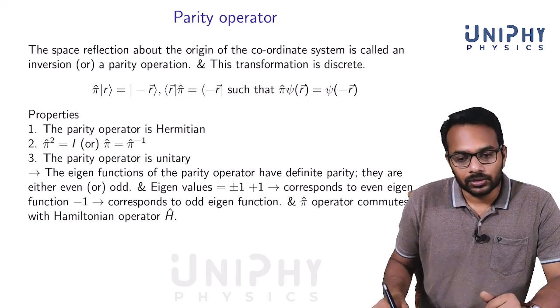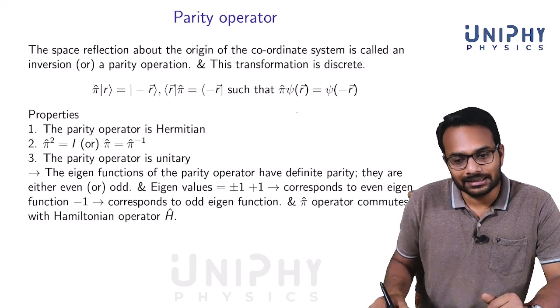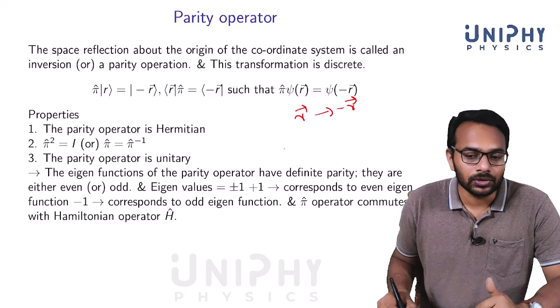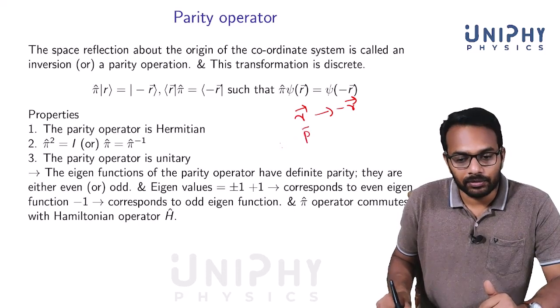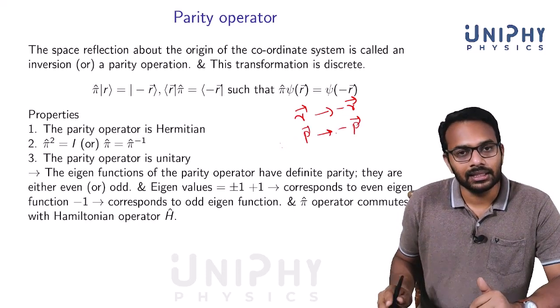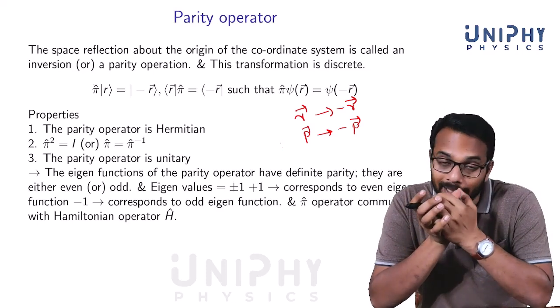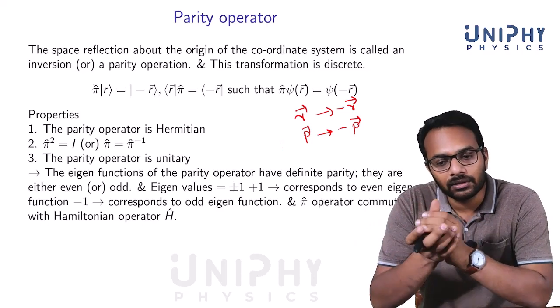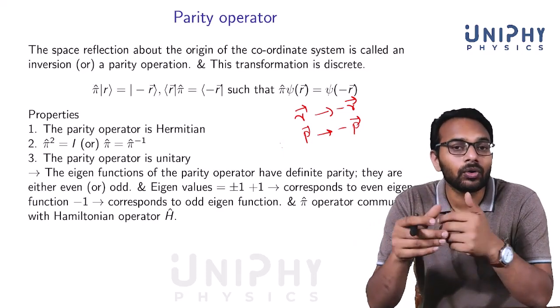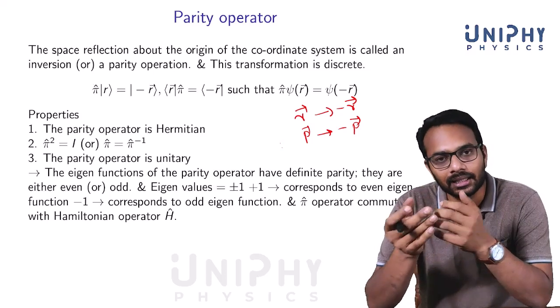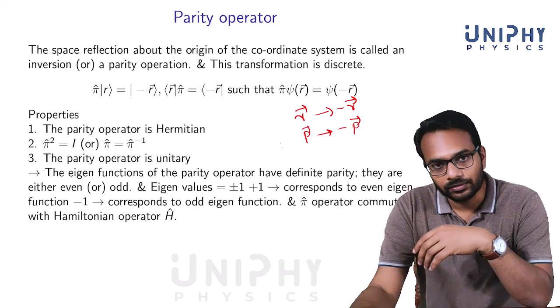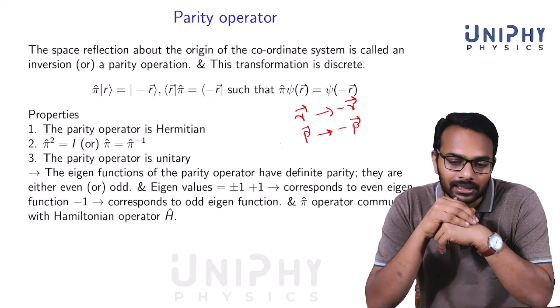So we say that the parity operator acting on a function changes R vector to minus R vector, and P vector to minus P vector. This is what happens under a parity operation or an inversion. In fact, all vectors will behave like this under a parity transformation. All the vectors will go into a minus of themselves.